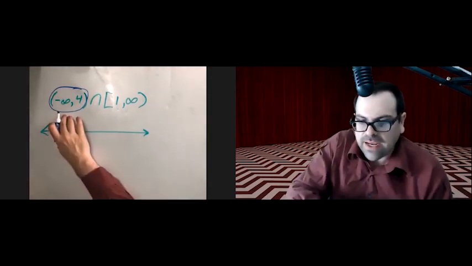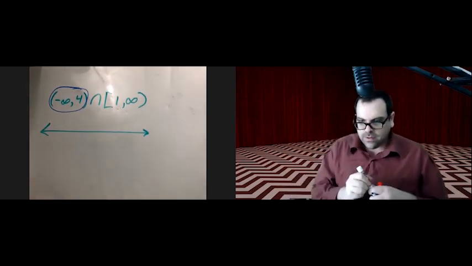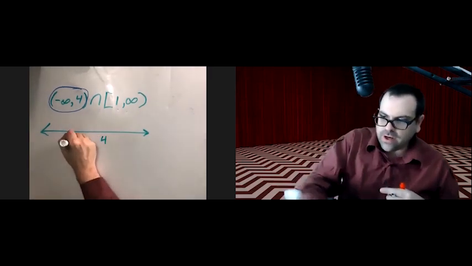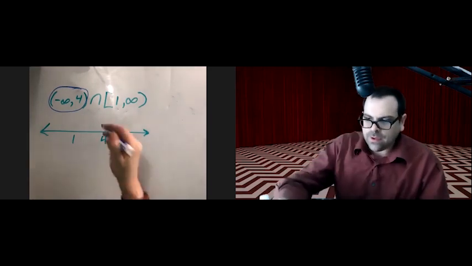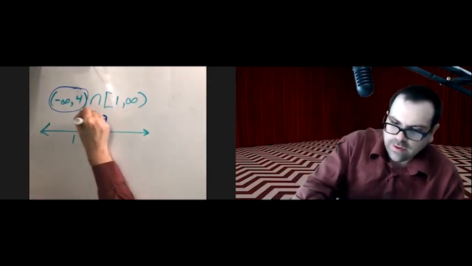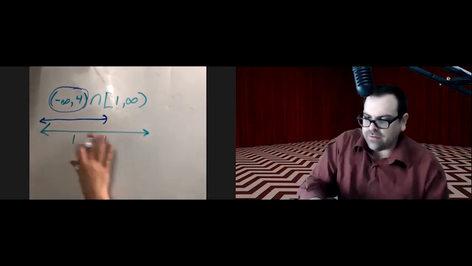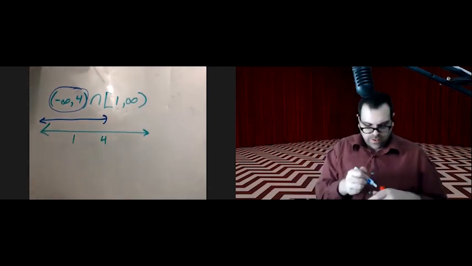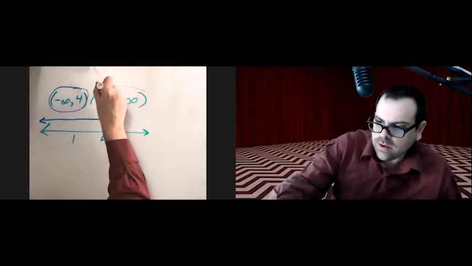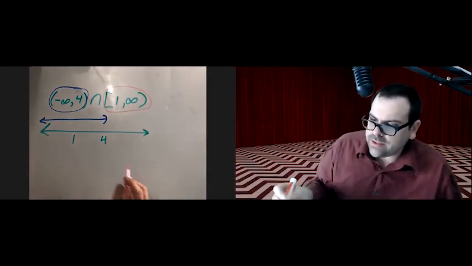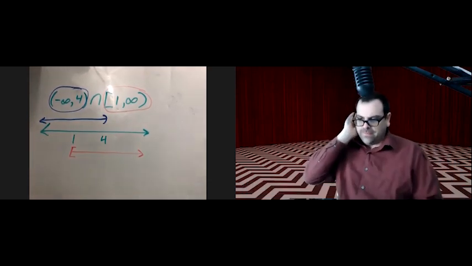The interval from negative infinity to 4, we're going to need 4. And we're going to need 1 for the other one. There is negative infinity to 4. And here is 1 to infinity.